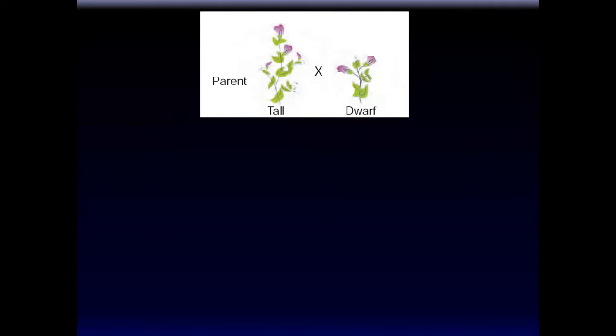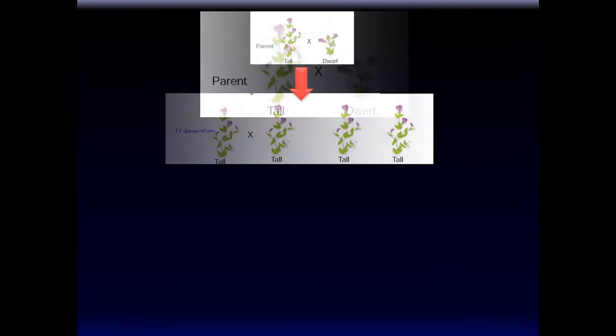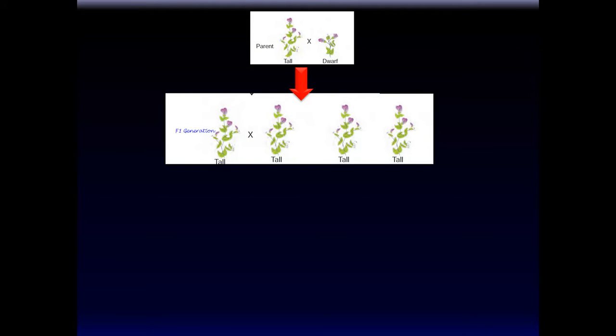For example, he took a tall plant and a dwarf plant and crossed them, that is, he crossed the flowers, because all the genetic material is contained in the pollen and eggs, which are in the flower. In the F1 generation, or first filial generation, all the plants were tall.